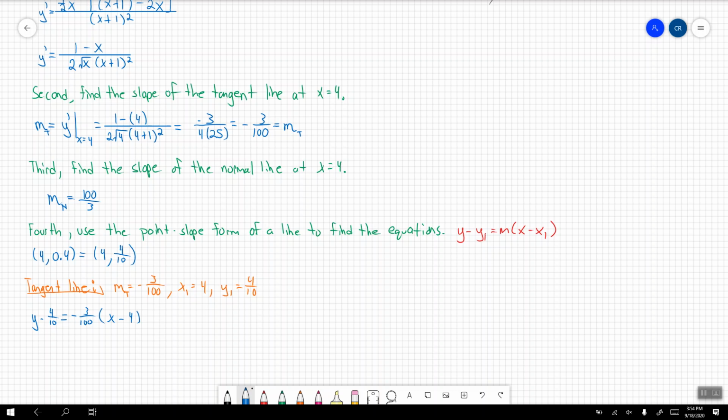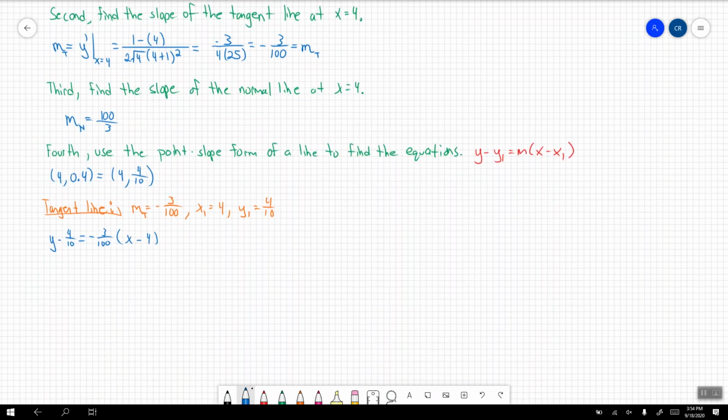Let's go ahead and distribute all this in. So we have negative 3 over 100 multiplied by x, and then we're going to have negative 3 over 100 multiplied by 4. Now 4 is going to simplify your 100, but I want to leave it as is, simply because I am going to have another 10 over here that I need to worry about.